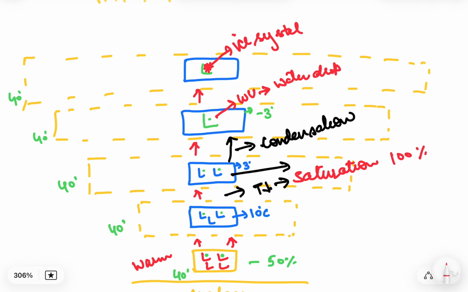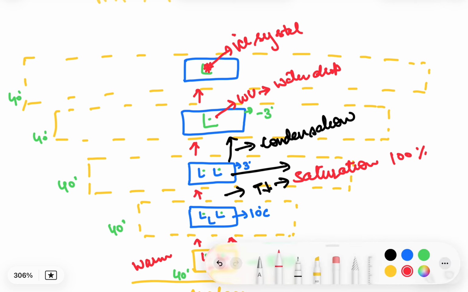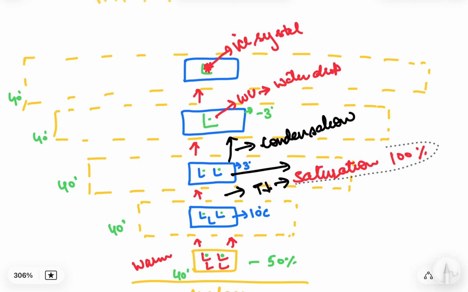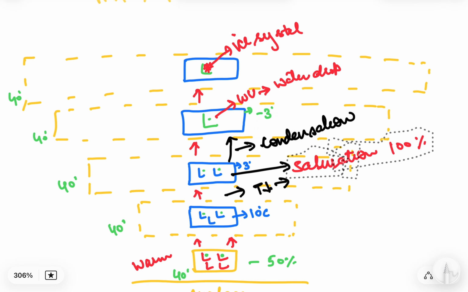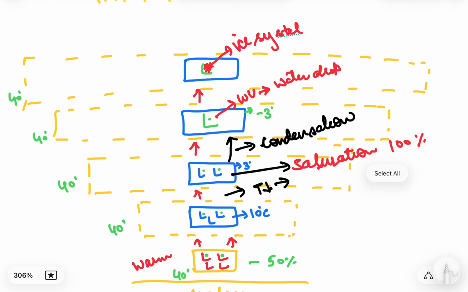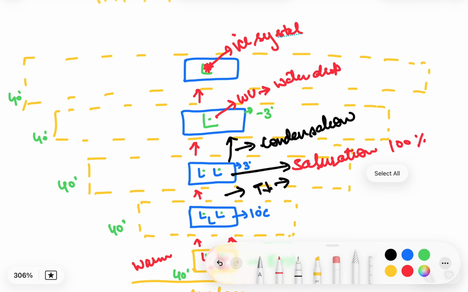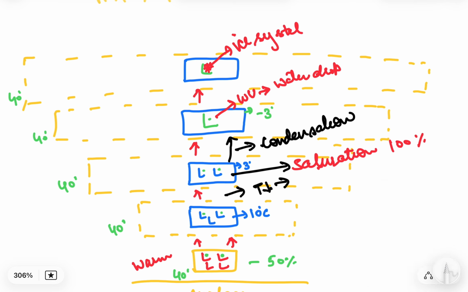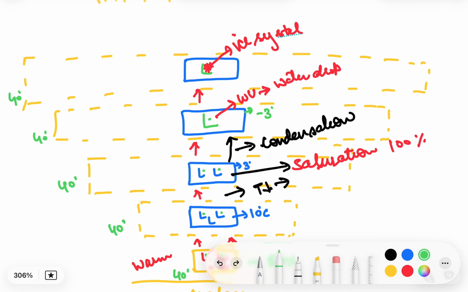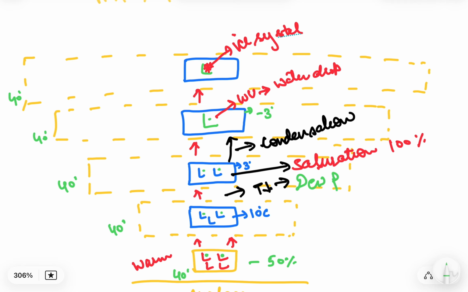So this is the dew point. Temperature of air parcel.